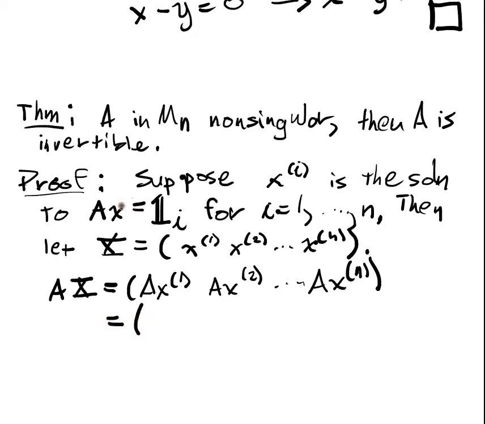And by the way we've defined the x_i, it's the unique solution to this, and we get the vector with an entry of 1 in the first entry and a 0 in all other entries. Then we've got the vector with a 1 in the second entry and 0 everywhere else, all the way up to 1 in the nth entry. Well, if you'll notice, this is just the identity matrix. Therefore, X is a right inverse of A. So we have a right inverse, and now we need a left inverse in order to ensure that it's invertible by our definition.